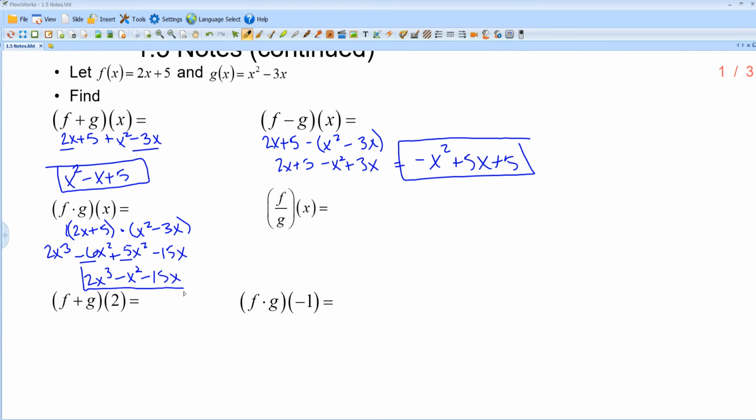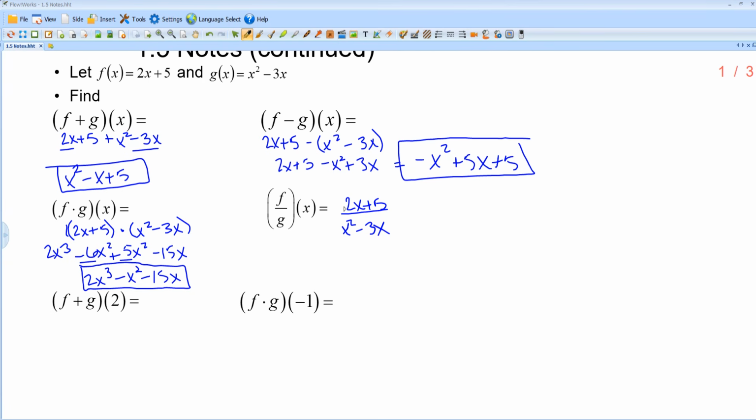Final answer. So notice these first two, those were just combining like terms. This next one, you're just multiplying two binomials, very easy. F divided by g of x just means the f function is in the numerator, the g function is in the denominator.